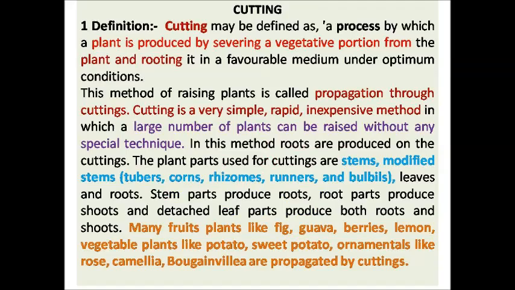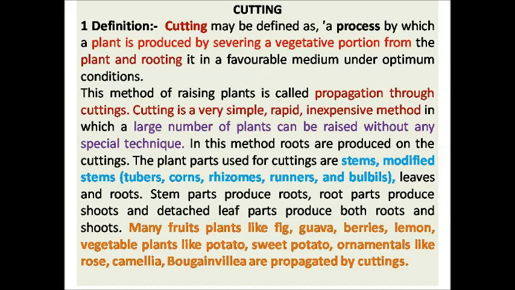Cutting definition. Cutting may be defined as a process by which a plant is produced by severing a vegetative portion from the plant and rooting it in a favorable medium under autotrophic condition.